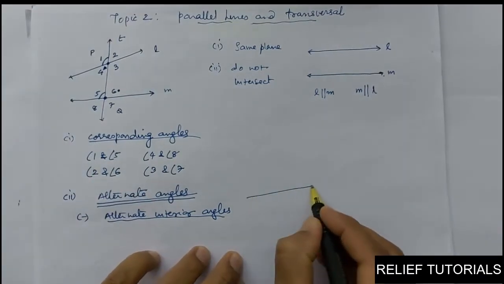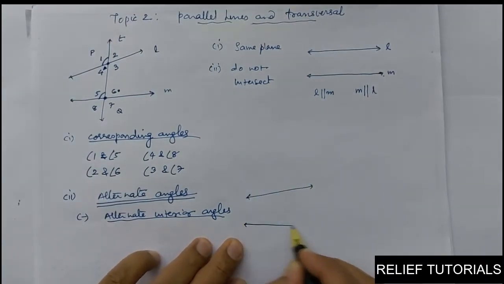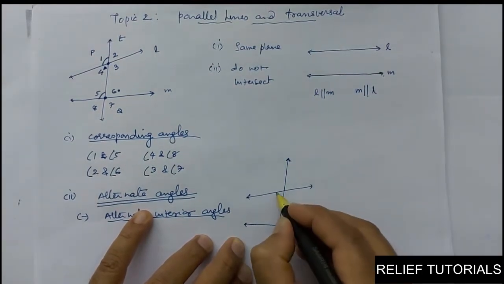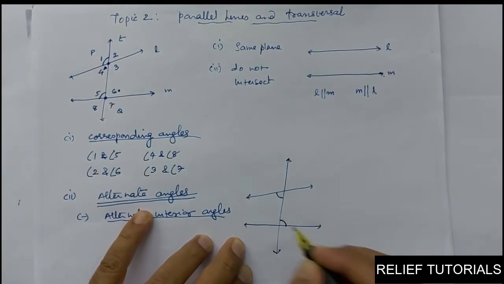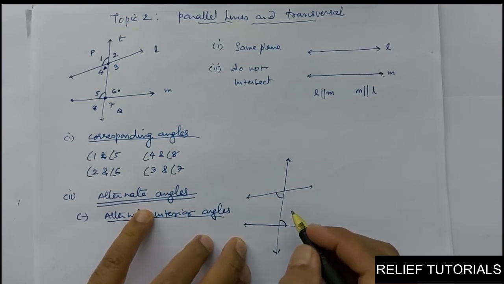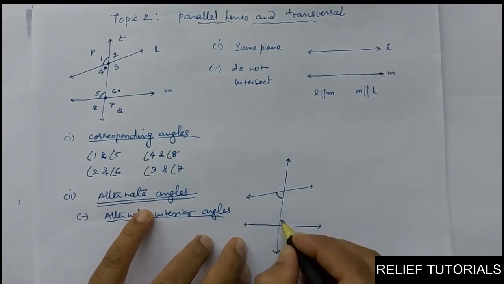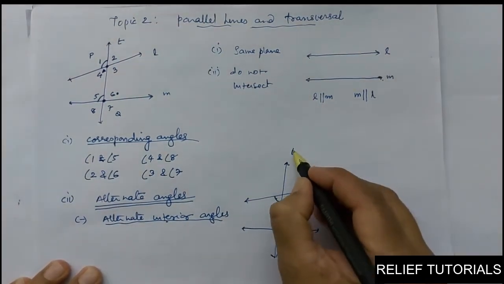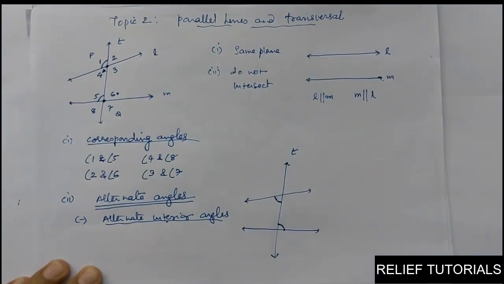See, I will draw the diagram for your understanding. These are the two lines. This is the transversal. So this angle and this angle, both lie on either side of the transversal but within the lines. So they are called interior angles, and as they lie on either side of transversal T, they are called alternate.